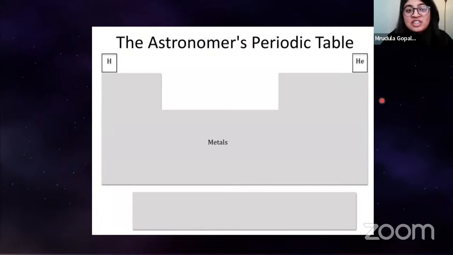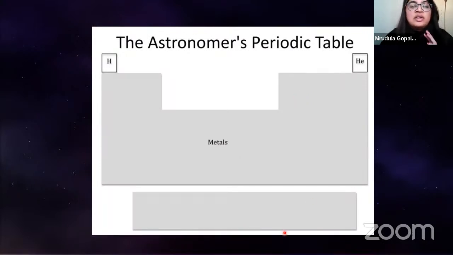One is hydrogen, because that is the simplest atom to be formed, and then you have helium. Hydrogen fused to form helium, and anything beyond hydrogen and helium is termed as metals. So this is just to give you an idea of what astronomers mean.